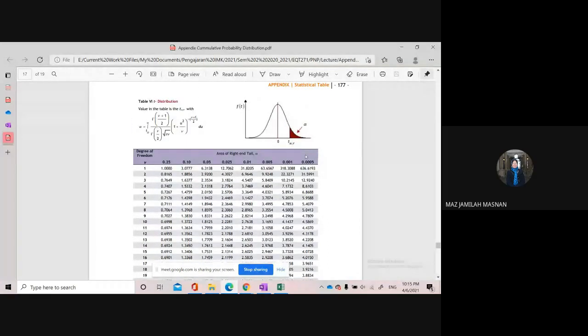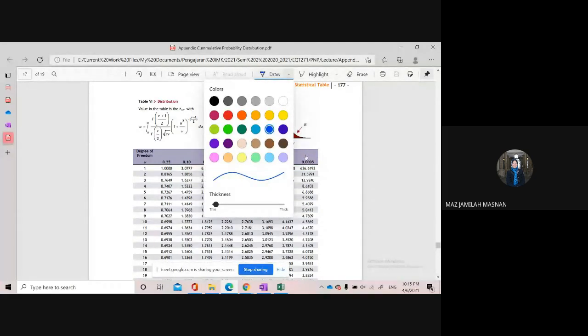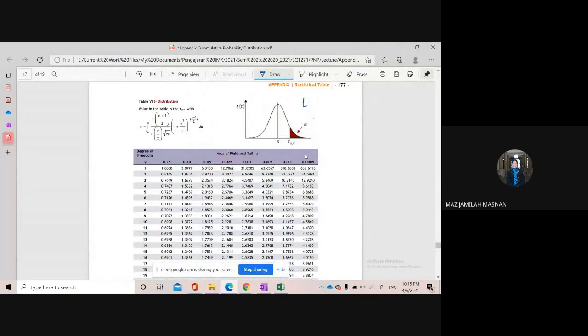Just now we say our t is alpha over 2, v. And we know that our alpha is 0.10, right? So alpha over 2 will be 0.05.